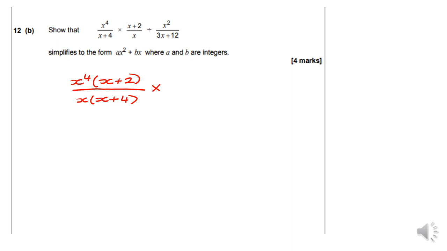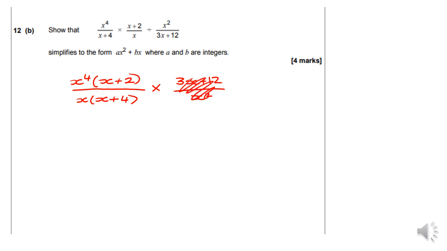I'm going to swap that for a multiplication, and I'm going to flip the last fraction so it looks like this. Now, I think there are going to be a few things that simplify here, and I might even rewrite that second fraction. So I've just noticed that you can factorise the numerator now, can't you?